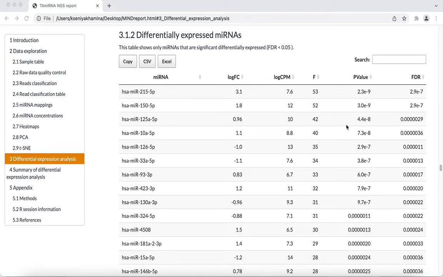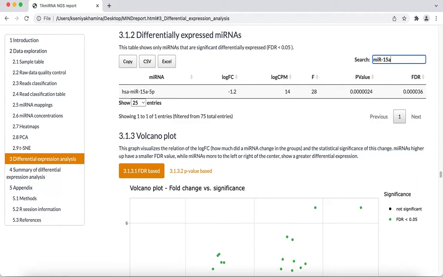One can also search for a specific microRNA, for example, miR-15a-5p.